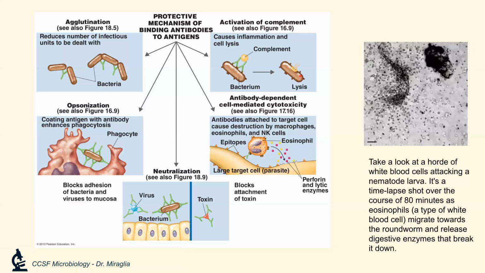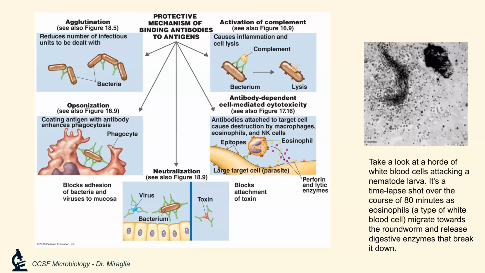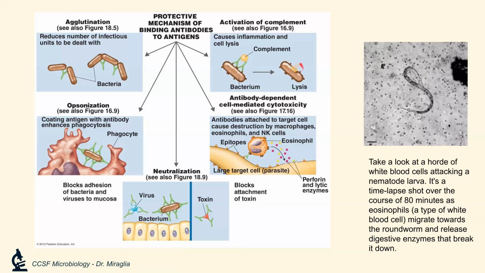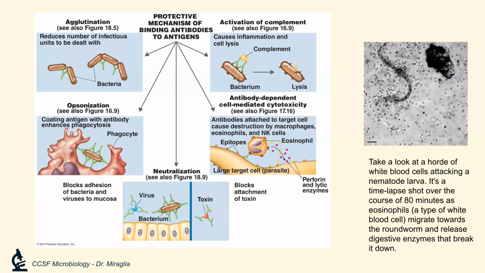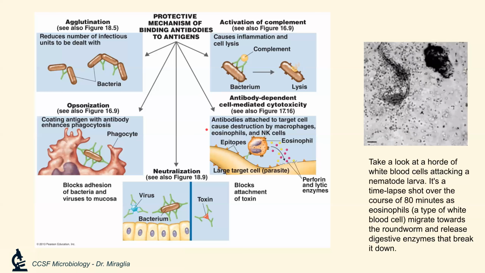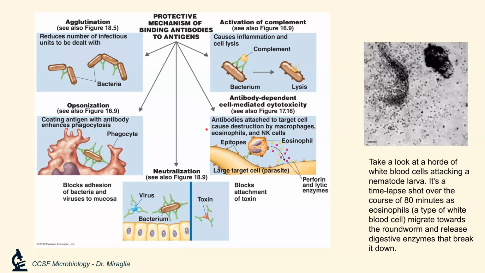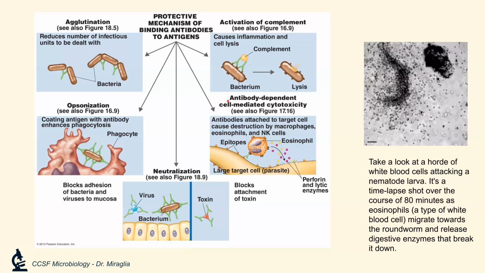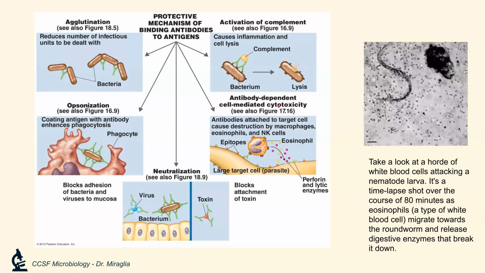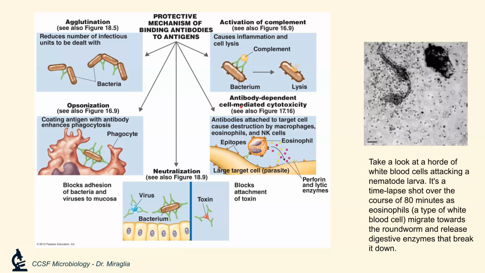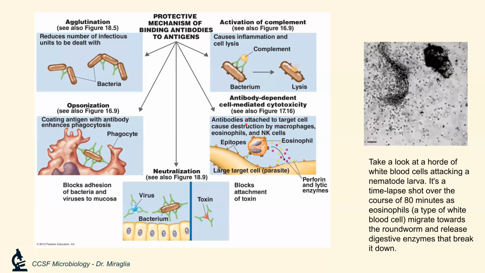We also stimulate inflammation, and we know that complement proteins themselves can bind to bacteria and result in opsonization, as well as antibodies. The last protective mechanism has got the biggest name. It's called antibody-dependent cell-mediated cytotoxicity, and we say ADCC, is how this is typically referred to.